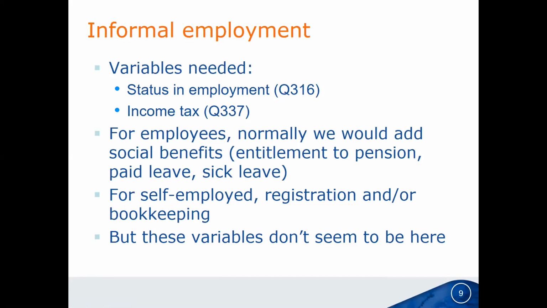So based on Q316, for the persons who are employees, we would check what the social benefits are. So if the employees are entitled to pension, or to paid leave, or to sick leave. But we did not find any question specifically for employees about their social benefits. So I don't think it's there.